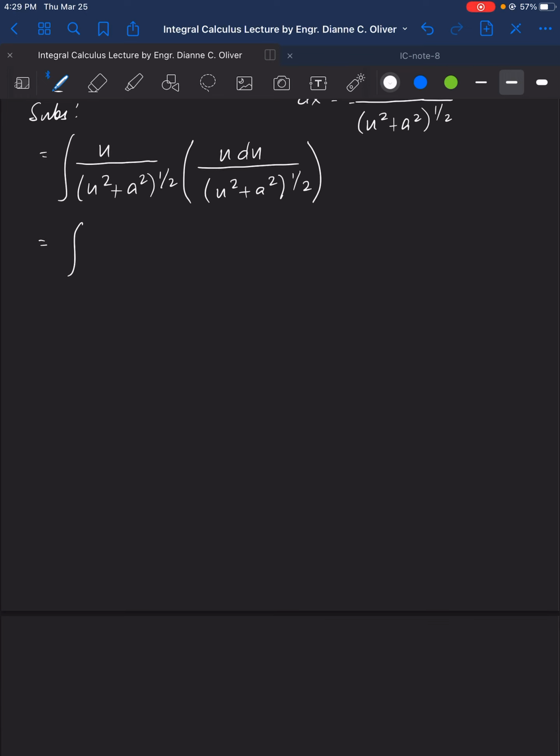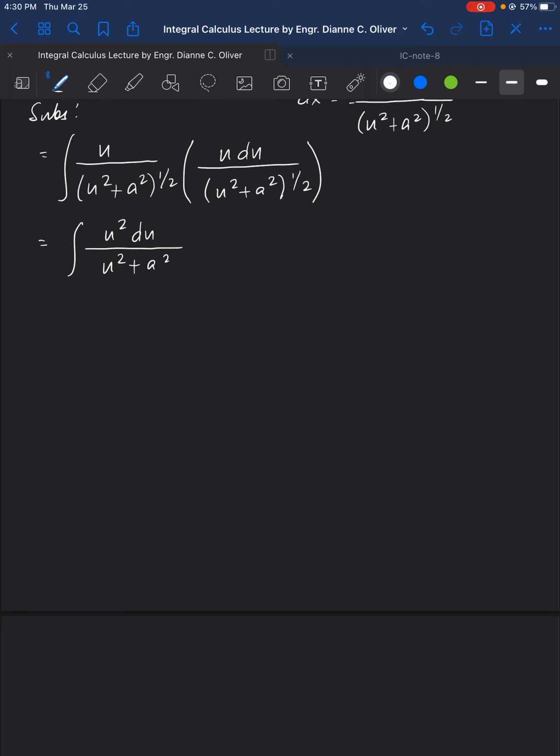We now have u squared du. How about this portion here? The bases are the same, and the exponents are 1/2 and 1/2, so 1/2 plus 1/2 is 1. So the answer here is u squared plus a squared.